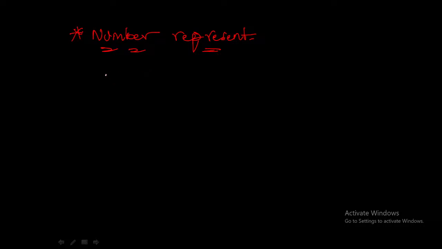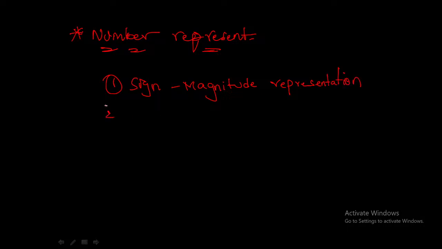The first is sign magnitude representation, another is ones complement representation, followed by two's complement representation.